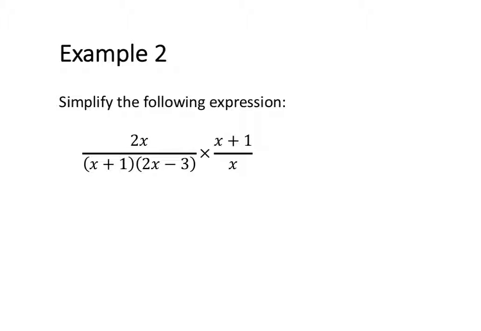In the second example, we want to simplify 2x over x plus 1, times 2x minus 3 over x. Wait, correctly: 2x over x plus 1, 2x minus 3, times x plus 1 over x. The first step is to go through and see if I can simplify any of my variables. Looking for the variables I can cancel, you notice I've got an x up the top and an x in my denominator down the bottom.